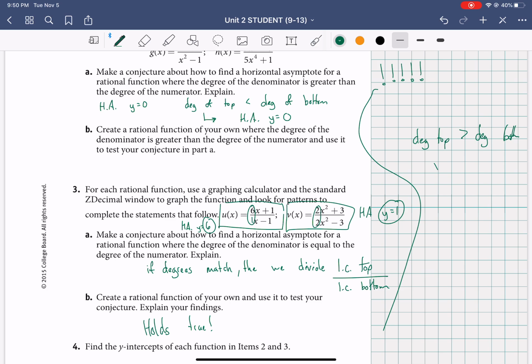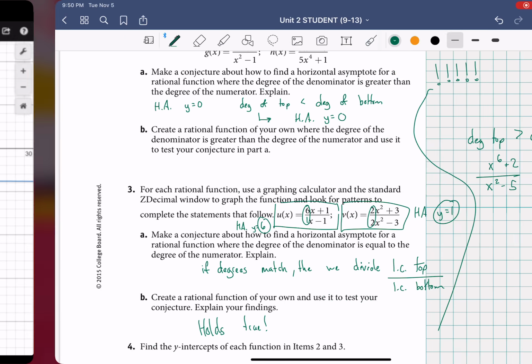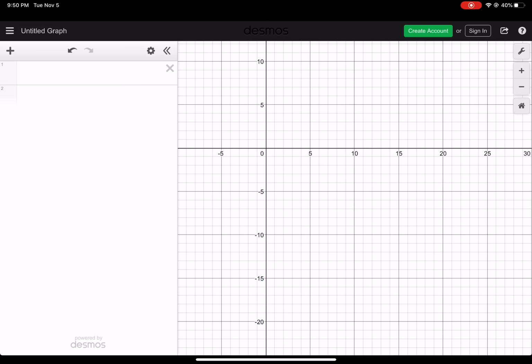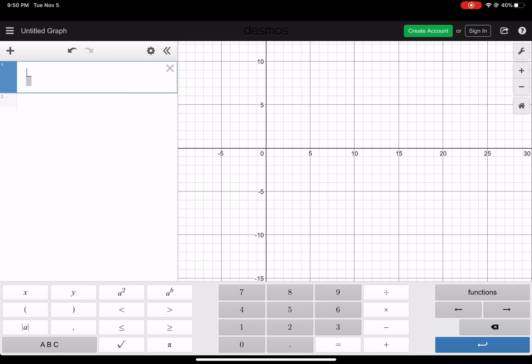So an example of that would be a simple one. Let's just do x to the 6 plus 2 over x to the second minus 5. Again, this is just something I made up for us to test this.